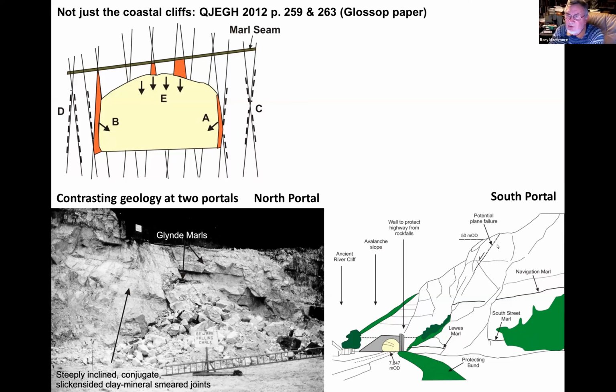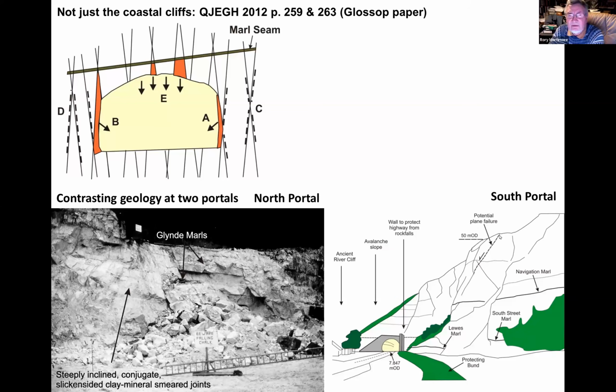On the south portal of the same tunnel, you're in a different formation, the Lewes chalk, with numerous flint bands. And despite having steeply inclined fractures in it, potential failures, the flints crossing the fractures were actually increasing the friction across there. And we thought this might fail relatively soon after construction, hence building the wall for protection.